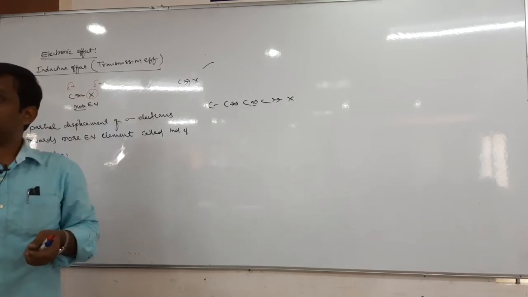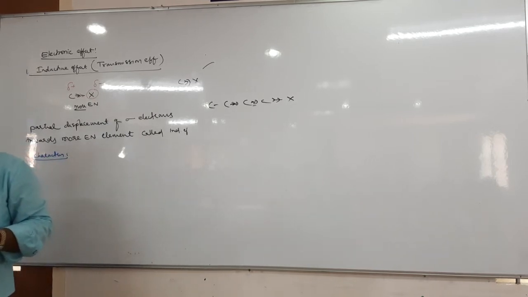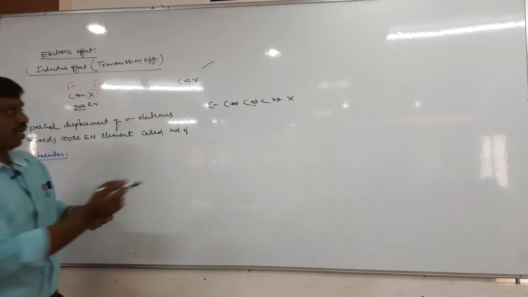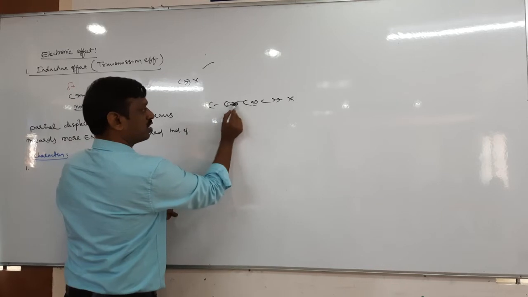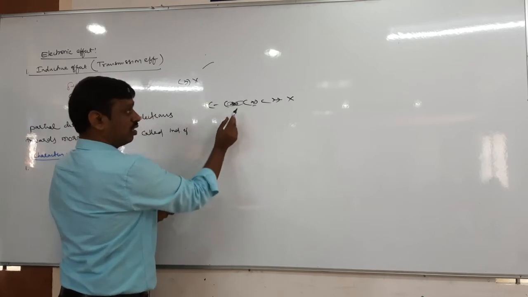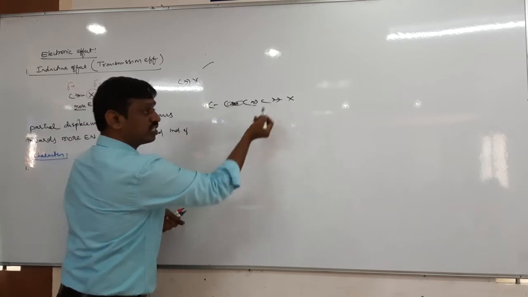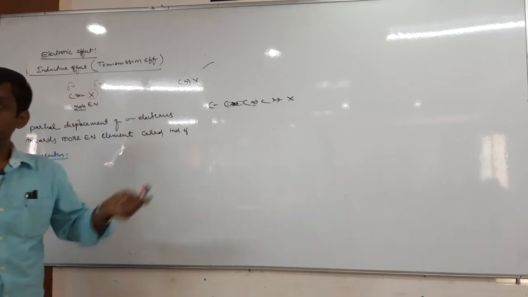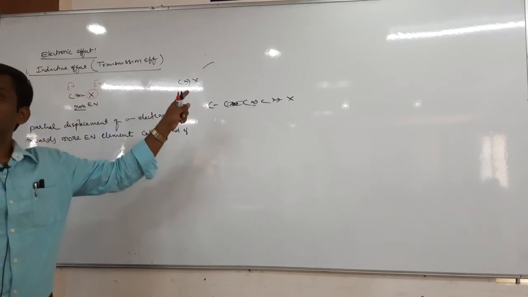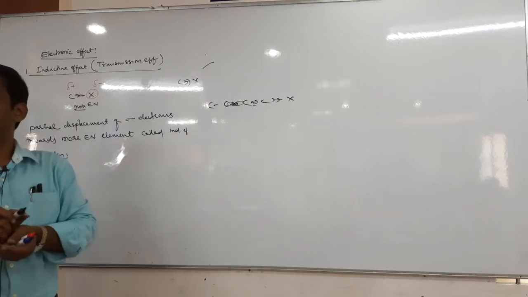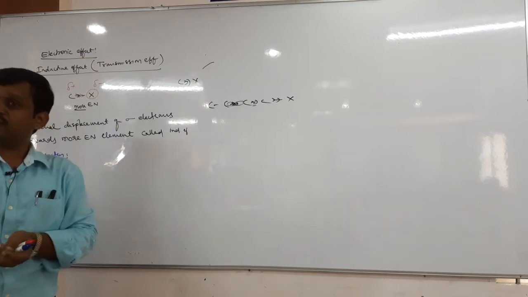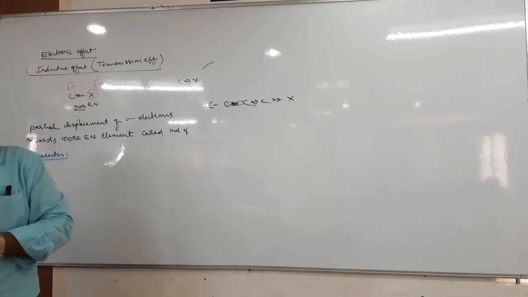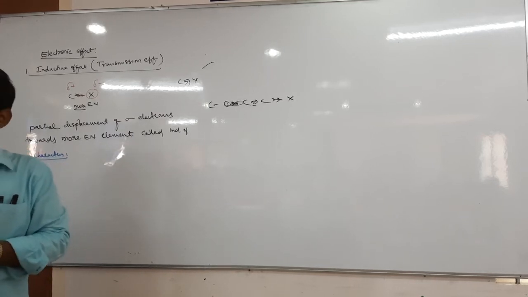The place of the sigma bond is not changing, which means electrons are not changing their orbital. The electron orbital is present here, the bond is here, and these electrons are not changing the orbital. Therefore, in this effect, there is no change of electron in the orbital. The electron remains in the same orbital, with only partial displacement. That's also one of the important characteristics.